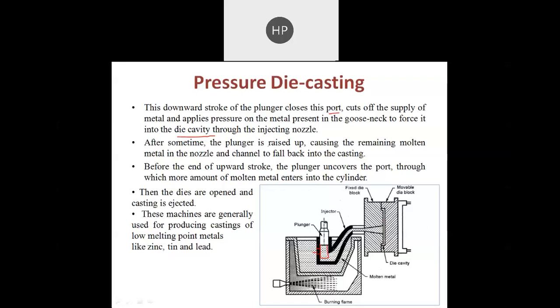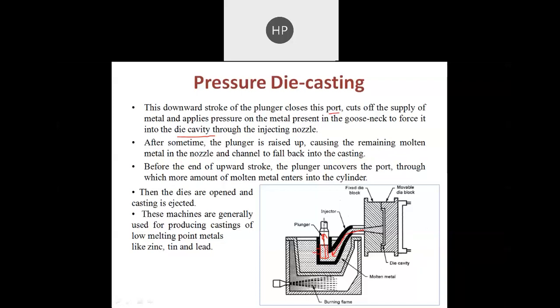After some time the plunger is raised up, causing the remaining molten metal in the nozzle and channel to fall back into the casting.